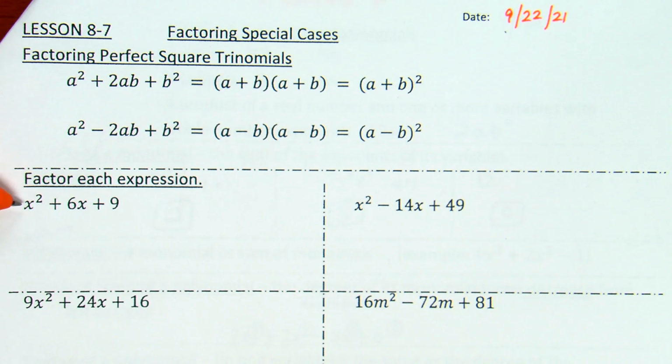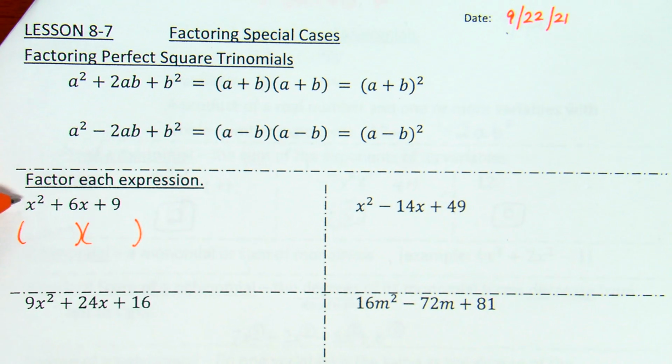If that's the case, we can jump straight into two parentheses. The ones we worked on yesterday had something other than a 1 out front, which made life difficult. If we jump into two parentheses, x squared breaks up into x and x in each parenthesis, which makes it easy, because there's no number you have to try and figure out.